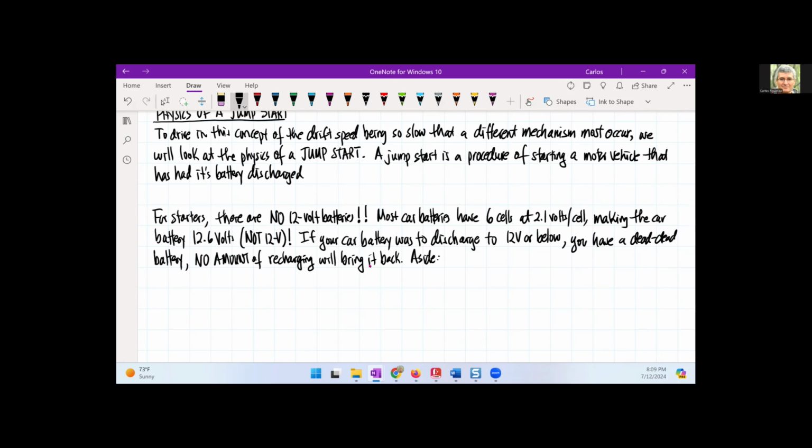Well, the reason why is that when your car is running, its voltage increases to around 13.8 volts to 14.2 volts. Okay, so that's a misconception right there.